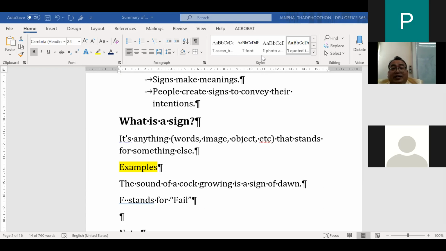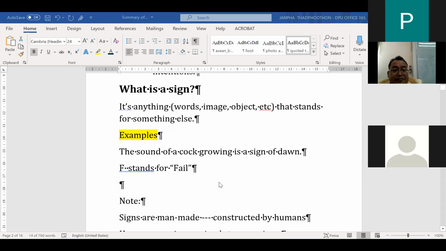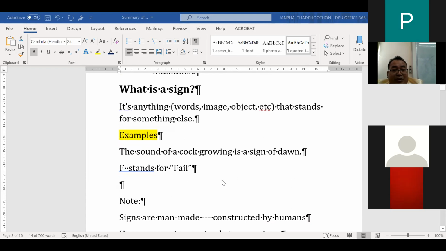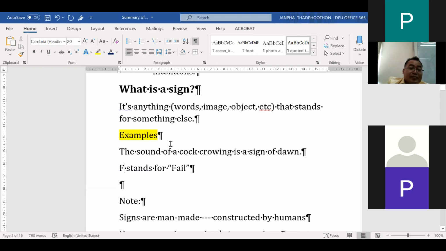For example, the sound of a cock crowing. This nature is a sign of another day, a sign of a new day. F stands for fail, for example. The letter F. Here, the keyword is that anything stands for something else.